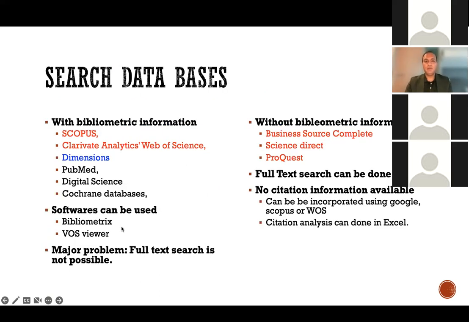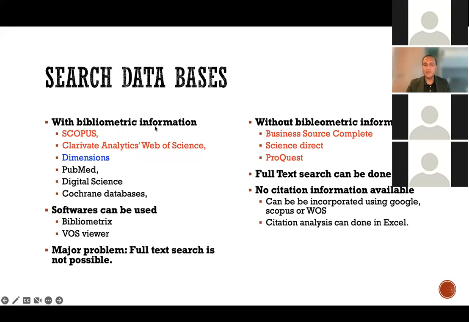And then, before actually showing you the software which we will be using today, let me first talk about the different databases available for doing citation analysis or bibliometric analysis or systematic literature review. So basically, I divide them into two categories. The first one is written here, which I say are databases with bibliometric information.